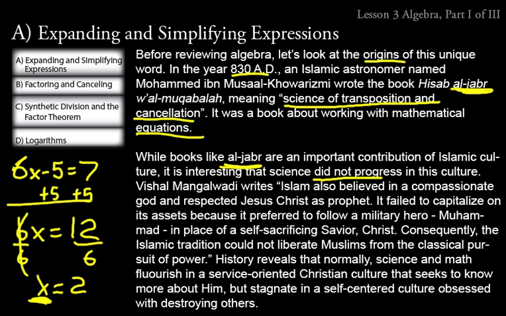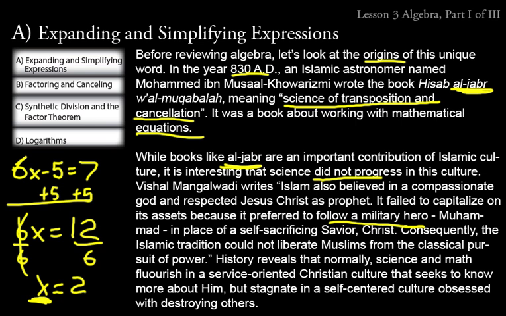So in other words, the Islamic religion does not reflect God's unity and diversity of the true God, where we have Father, Son, and Spirit, all one God. Also, that unity and diversity is described perfectly in the Trinity, and reflections of which we see everywhere, including in mathematics. But Islam failed to capitalize on its assets because it preferred to follow a military hero, Muhammad, in place of a self-sacrificing savior, Jesus Christ.